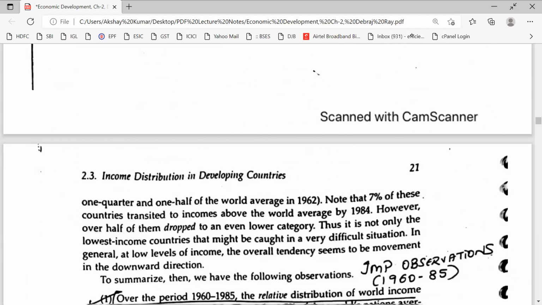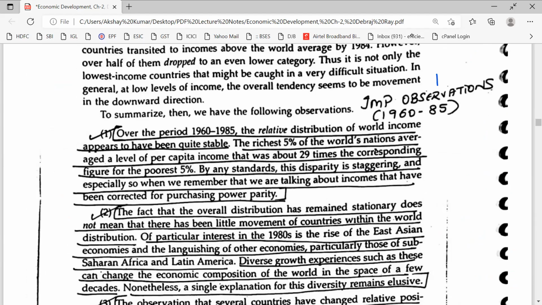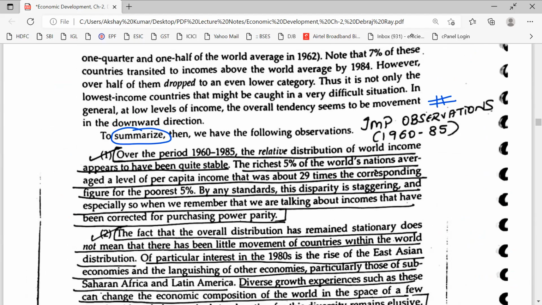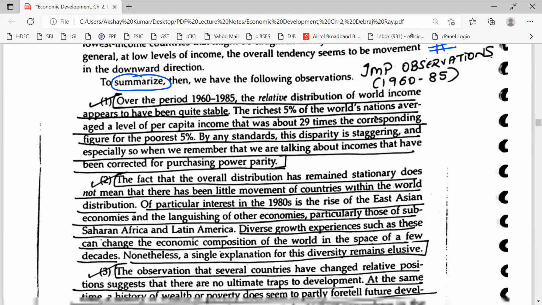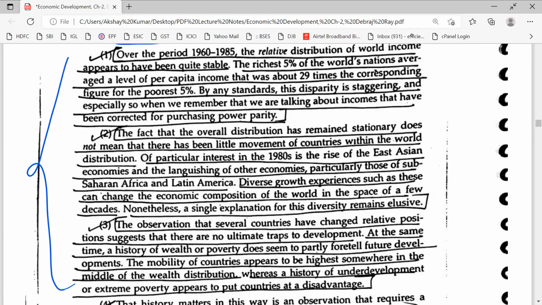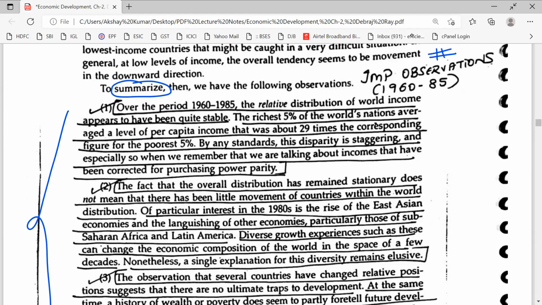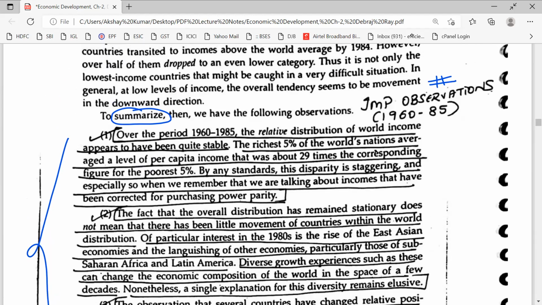Now I am directly jumping to the important observations as a part of historical experience. When you scroll down, you will see a summary. Now this summary is nothing but a summary of all the points, but I will request all students to learn these points. Very important. This is going to capture the historical experiences.